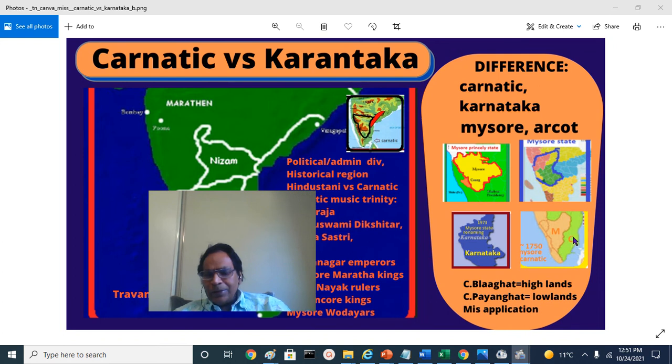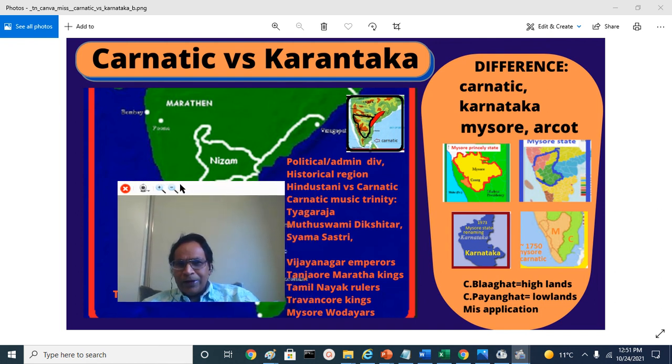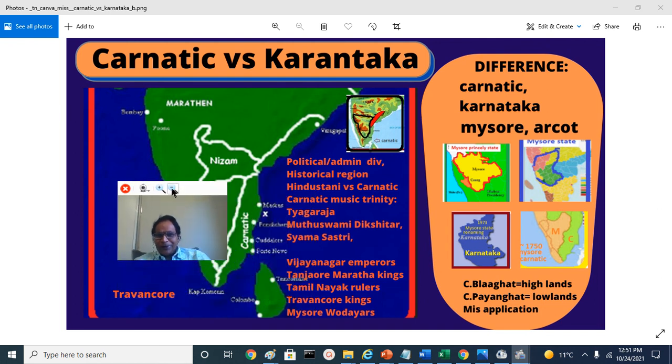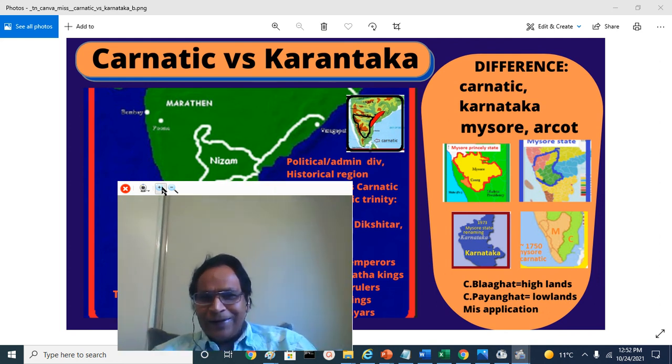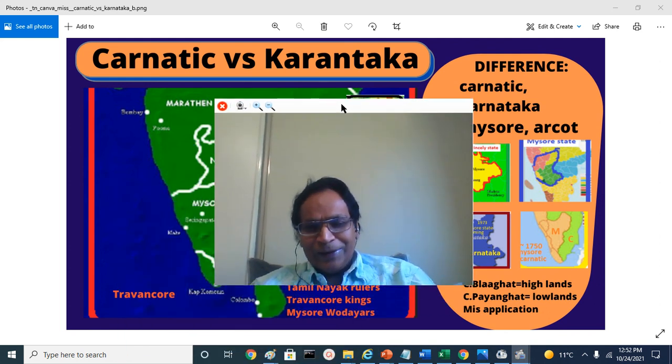The Nawab is called Arcot Nawab, also called Carnatic Nawab by the British, who applied this term extensively when they took over this area. So that's about the difference between very prominent historical regions of the Deccan, Dakshin Bharat.